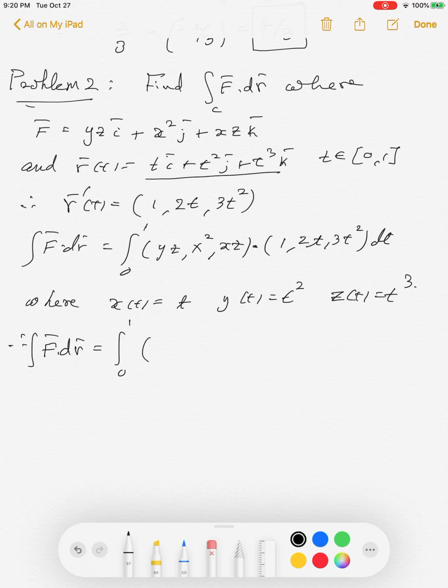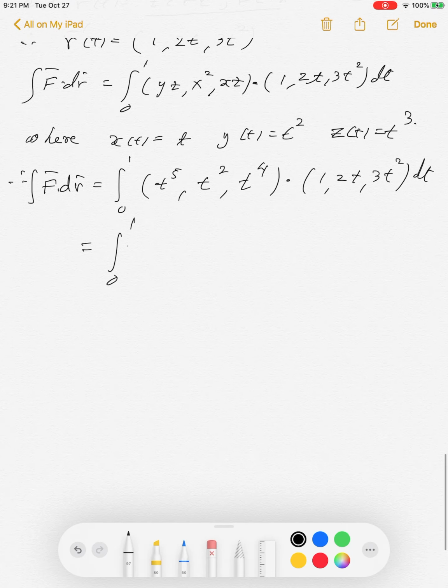So therefore the line integral of f bar dot dr bar is integral 0 to 1, yz will be t to the 5, x square is t square, and xz is t to the 4, dotted with 1 comma 2t comma 3t square dt.